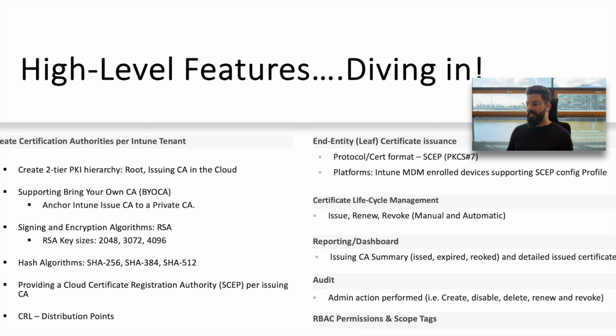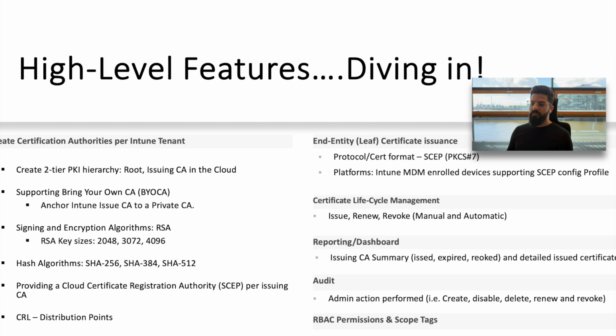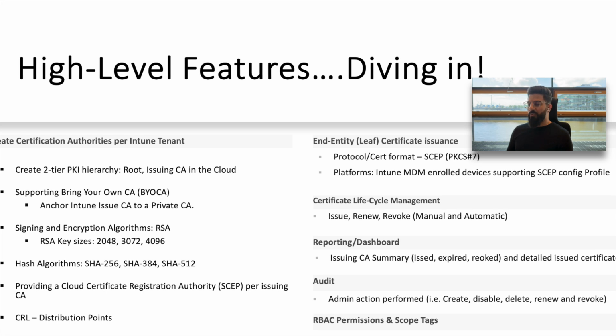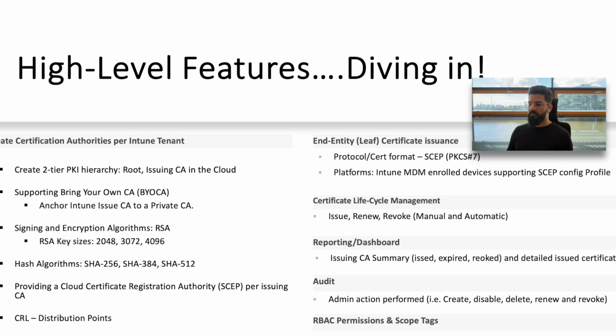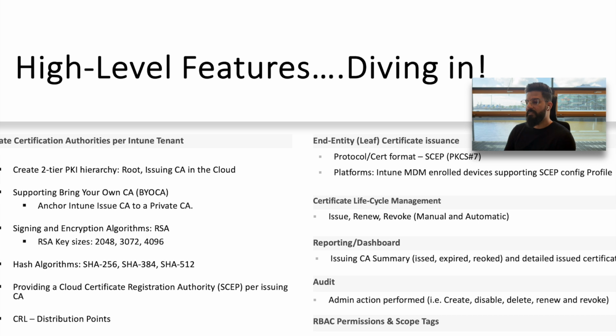The ability to create CA, delete CA, modify CA, the ability to create what's so-called certificate manager, where the certificate manager can only essentially revoke certificates, and that's all they can do. And of course, scope tags, where scope tags are essentially used to control visibility.